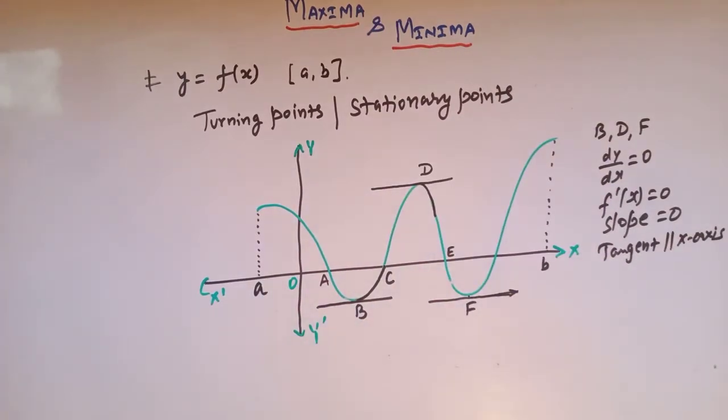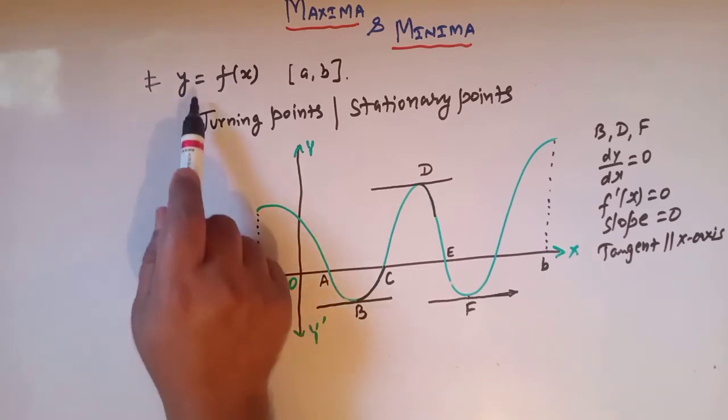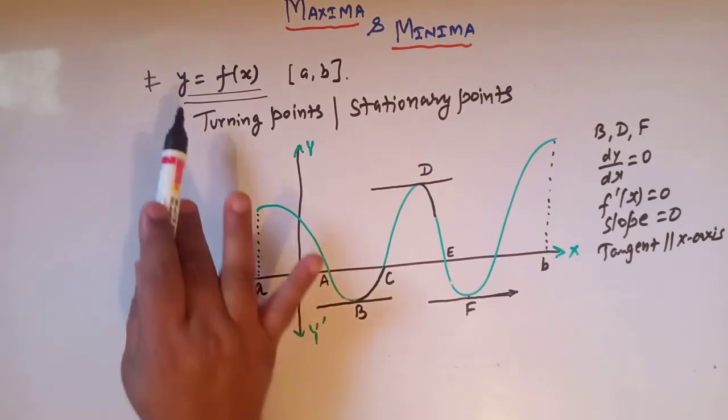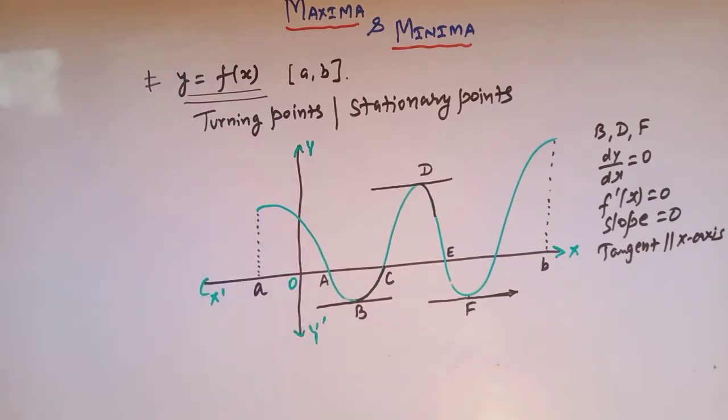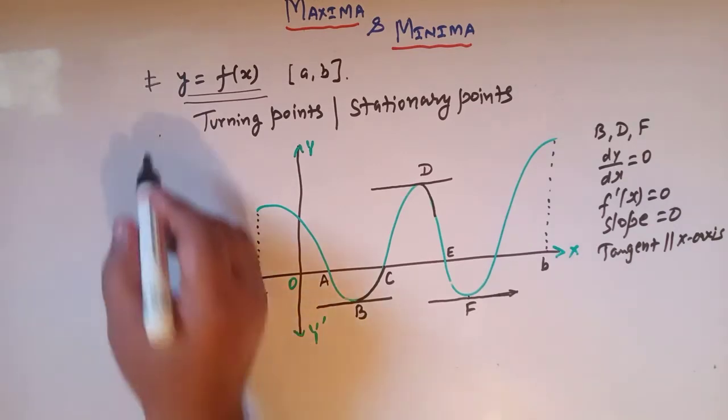So viewers, in maxima and minima, we have a function, we plot its graph, and we try to find the turning points. The turning points are obtained by differentiating this function with respect to x and then putting the derivative equal to 0.